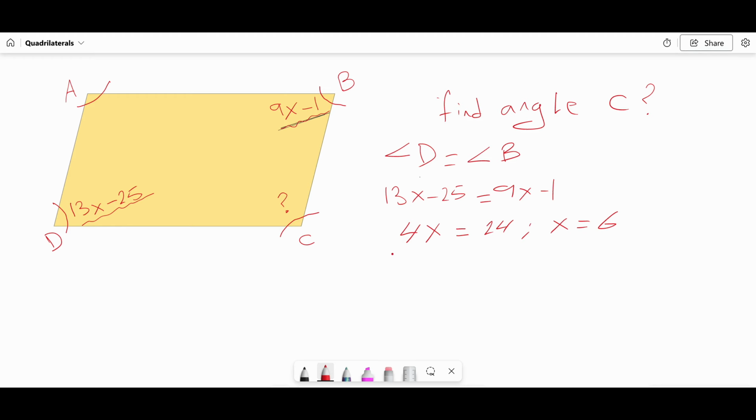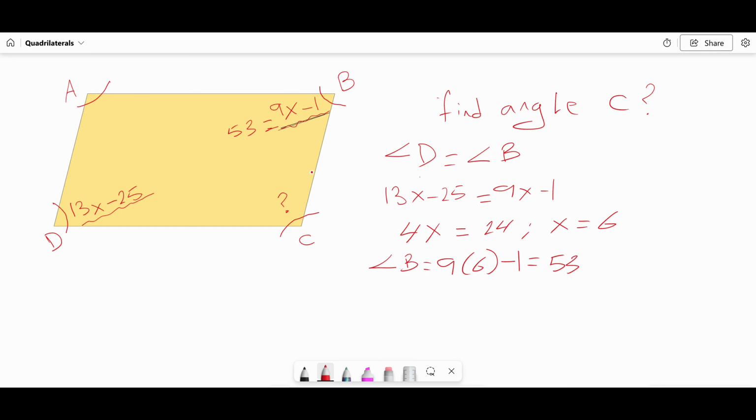So angle B is equal to 9 times 6 minus 1, and this is equal to 53. This angle here is equal to 53.